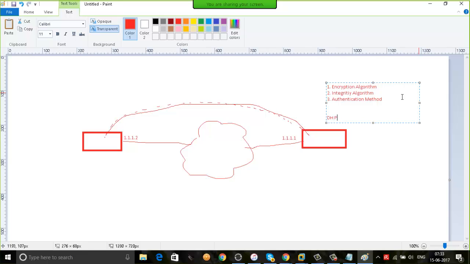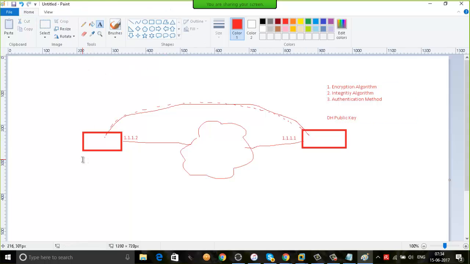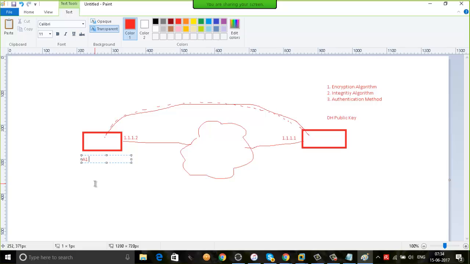A DH public key gets exchanged between A and B, between these two firewalls. Let's assume that we have A1 and A2, and this side B1 and B2.